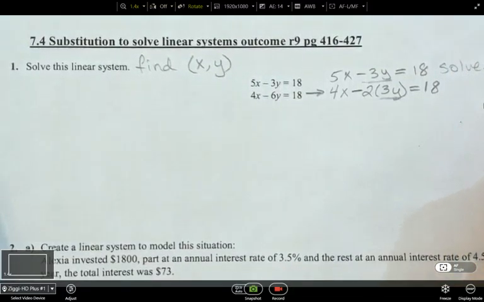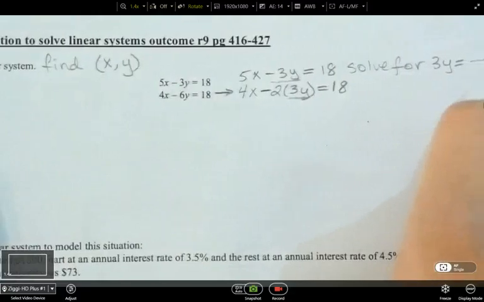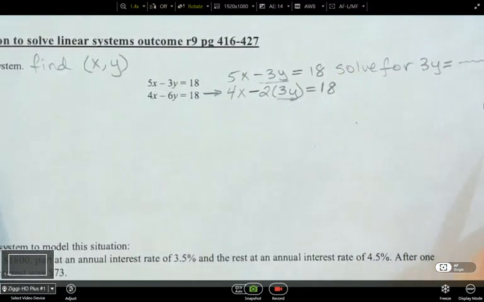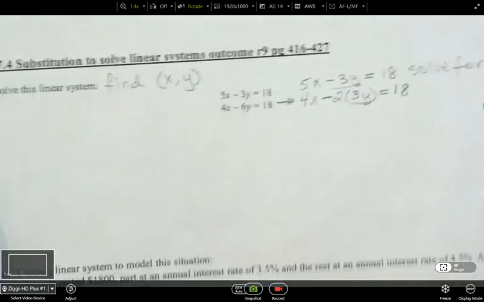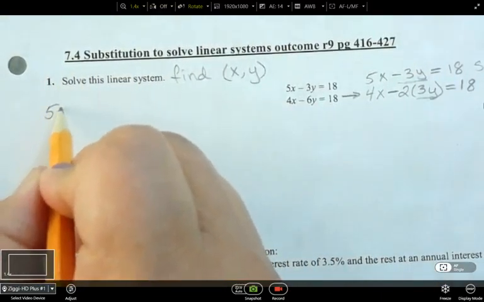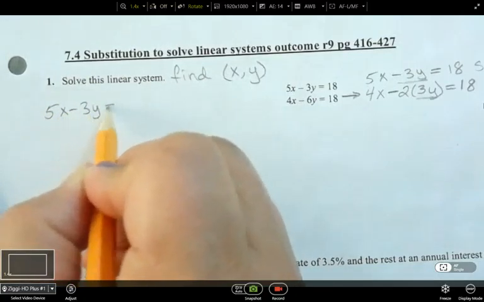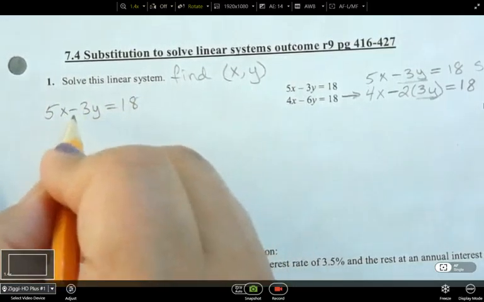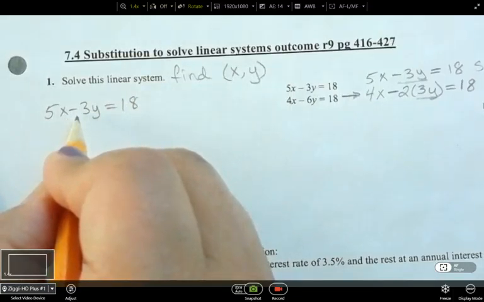So I have 3y equals and then a bunch of stuff on the other side. Okay? That's our first task. So let's do that. And I'm going to start working over here. So 5x minus 3y equals 18. And I'm going to arrange it so that I have it saying 3y equals.